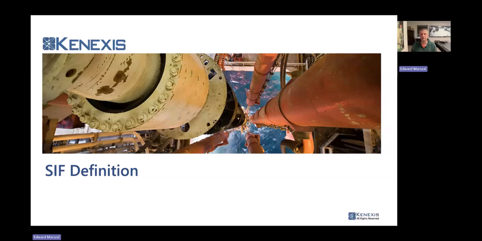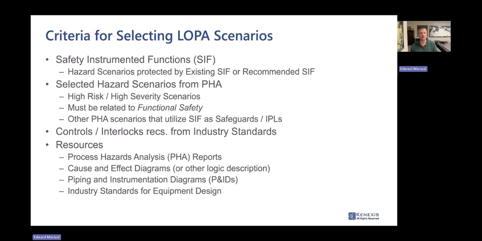And all of this stems from the fact that you didn't accurately tie what your hazard is to how you detect it and what actions you need to take as a result of that detection of an unsafe state. So first off, let's talk about the handoff between PHA and layer of protection analysis.